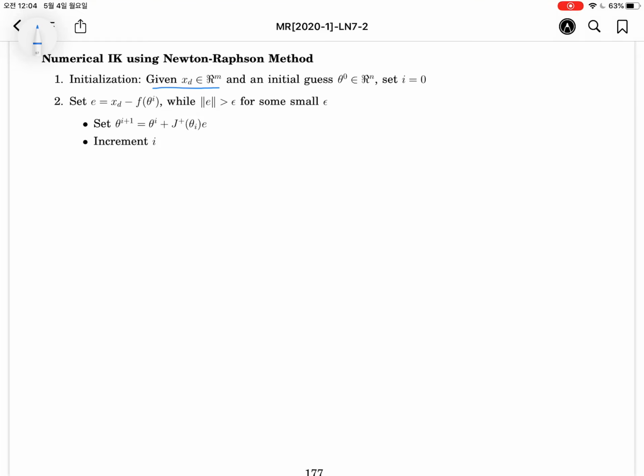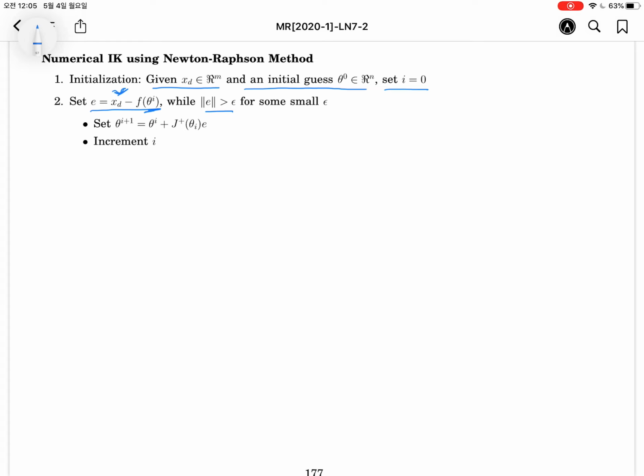Okay, let's apply the Newton-Raphson method to numerical IK. Okay, for a given posture of the end-effector frame, the initial guess should be assigned as a value near the final target value, and set the iteration number i as 0, and then the error is defined. This is the given target.